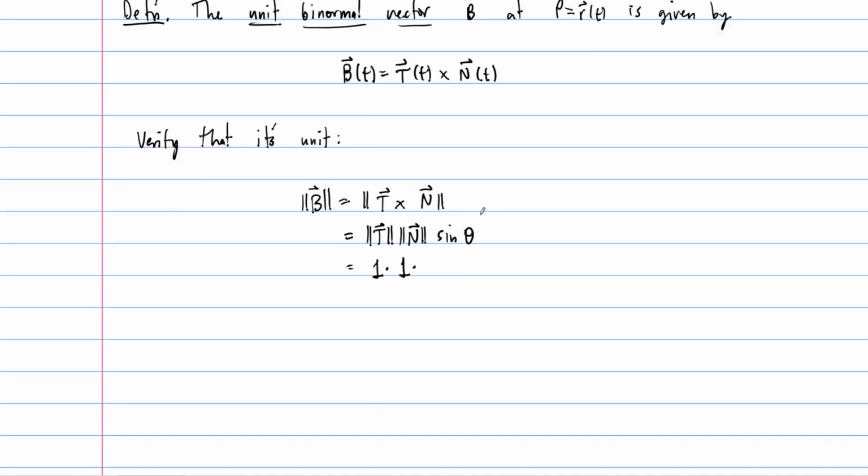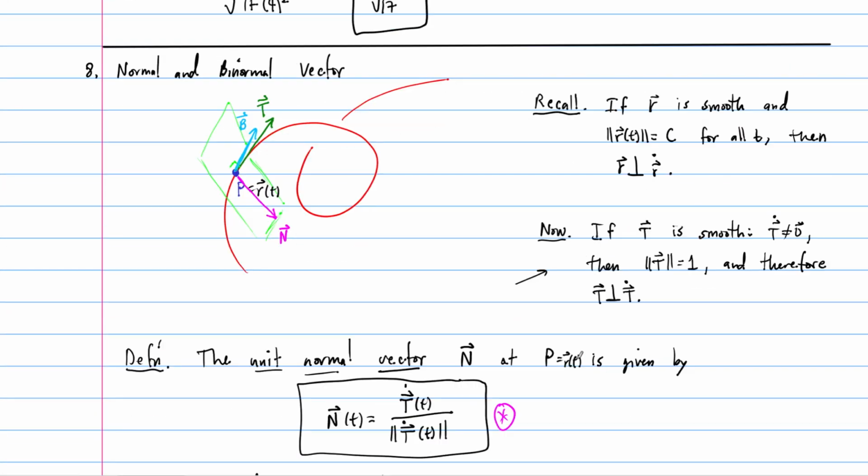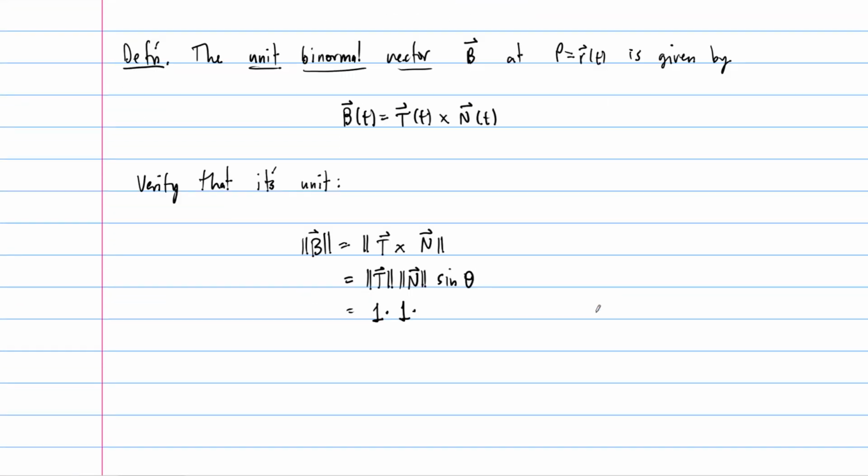And they were also built so that, using this theorem right here, the angle between the two vectors is pi over 2. They're orthogonal, right? And so this becomes sine of pi over 2. And of course, 1 times 1 is 1. Sine of pi over 2 is also 1, right? And so, indeed, the vector field B is a unit vector field just by construction, because we built it as a cross product of two unit vector fields that are orthogonal to one another.